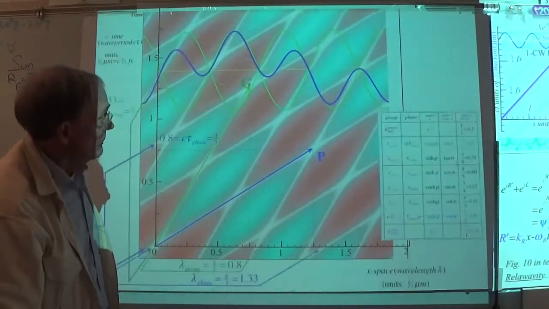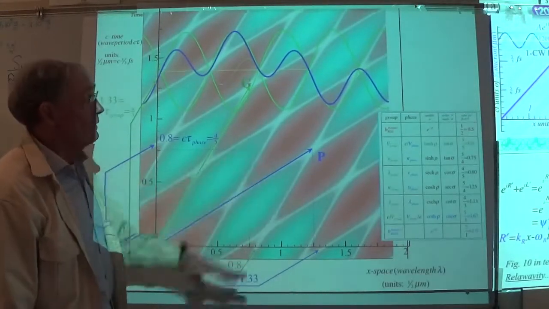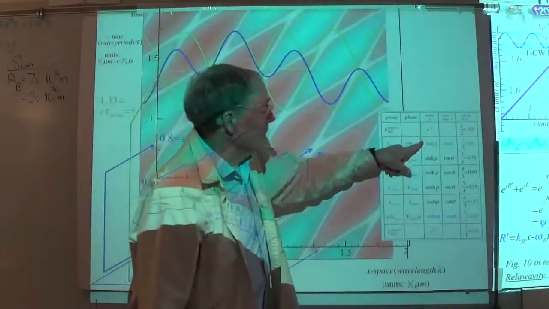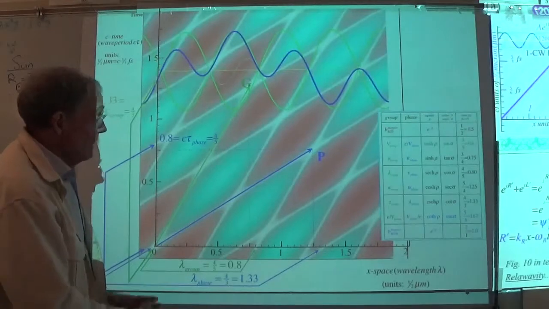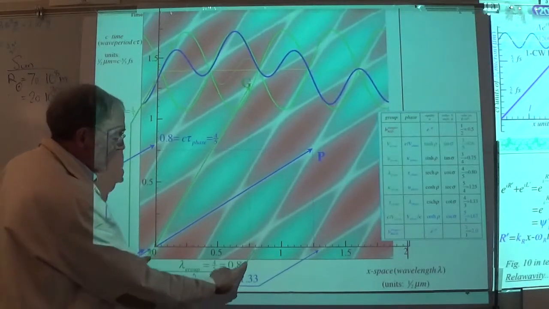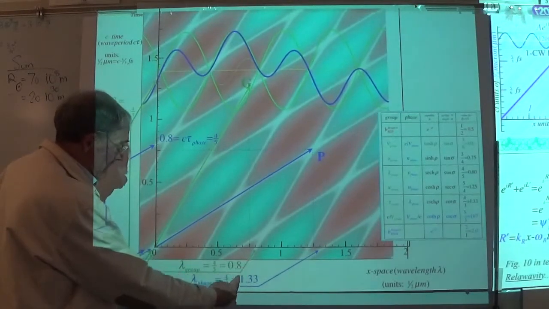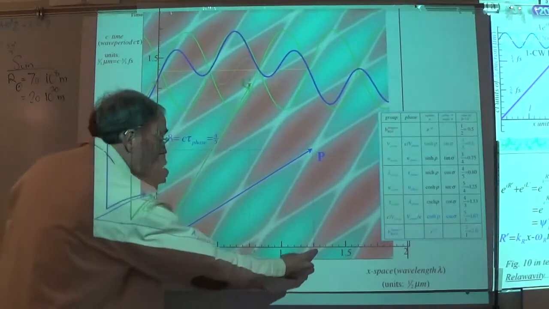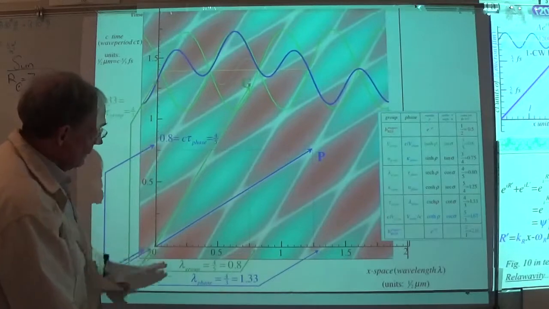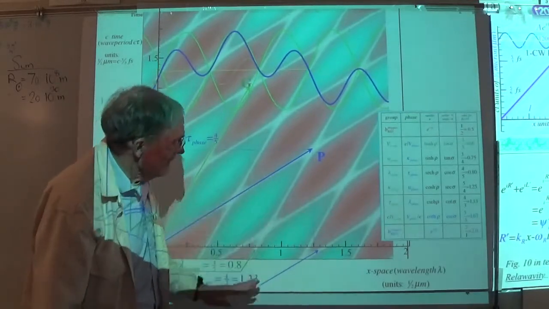And then the numbers come as these are the functions that we've talked about that have to do with, well, here's the wavelength of the group right here. Okay? Here is the wavelength of the phase. And the idea is the phase is going this way.